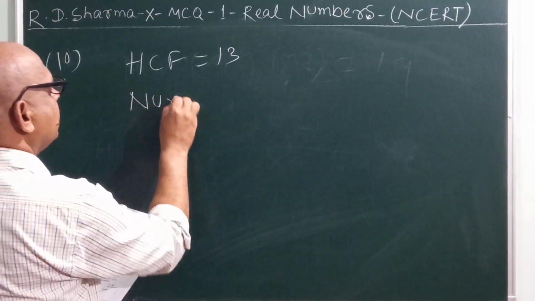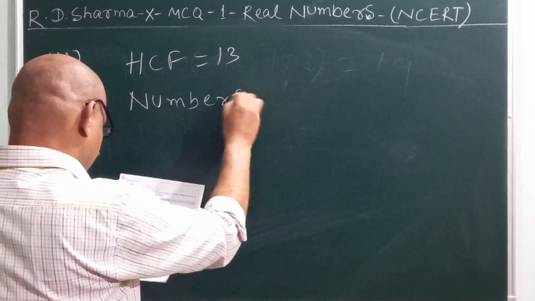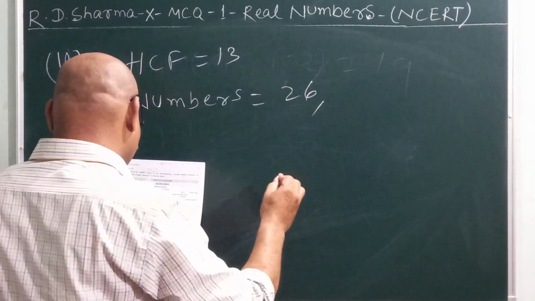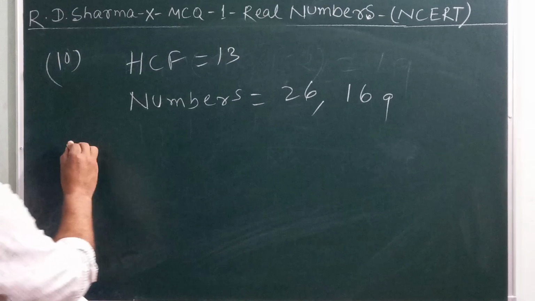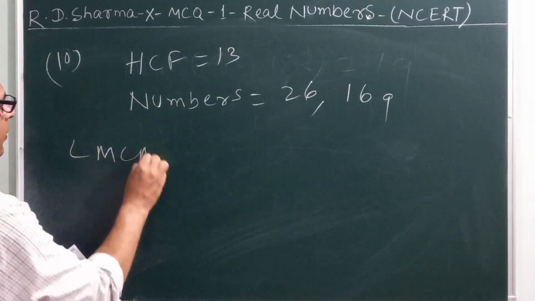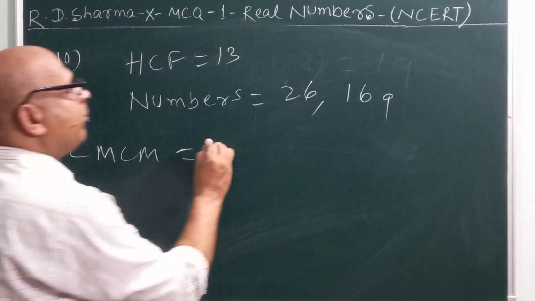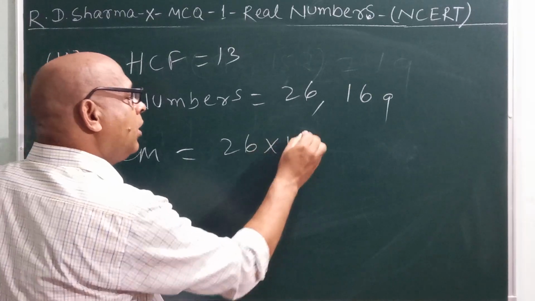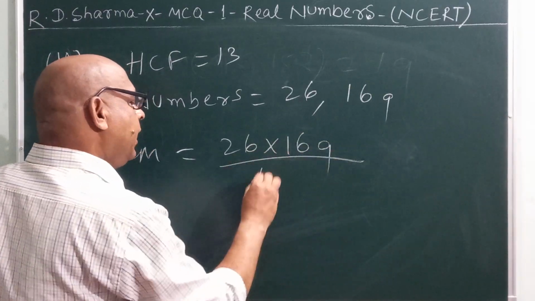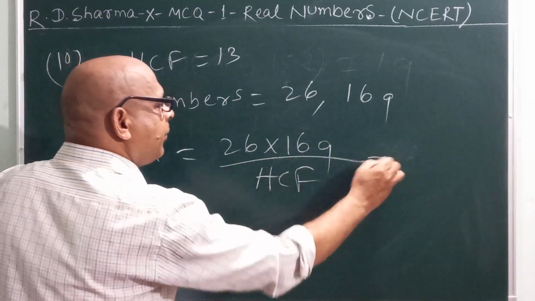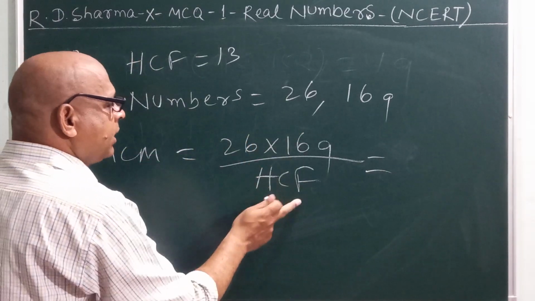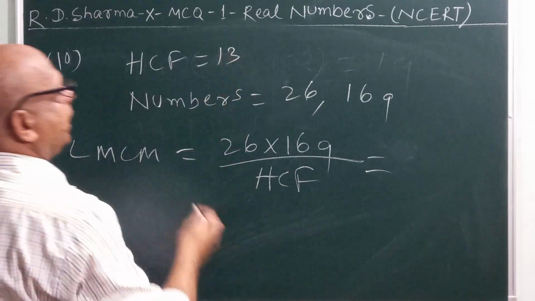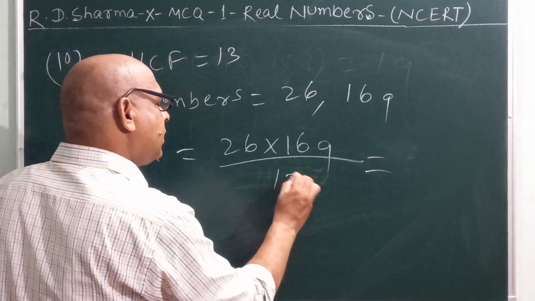The numbers are 26 and 169. LCM is the product of the two numbers divided by HCF. LCM is equal to product of two numbers divided by HCF. HCF is 13.